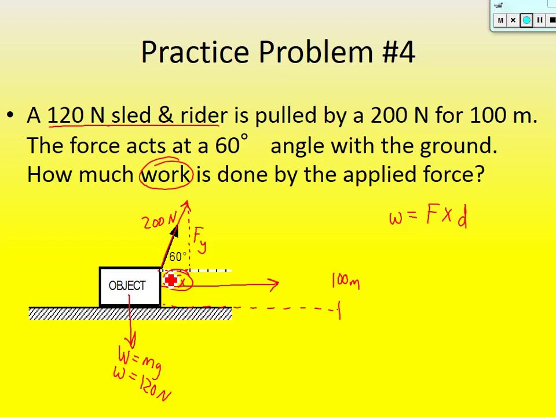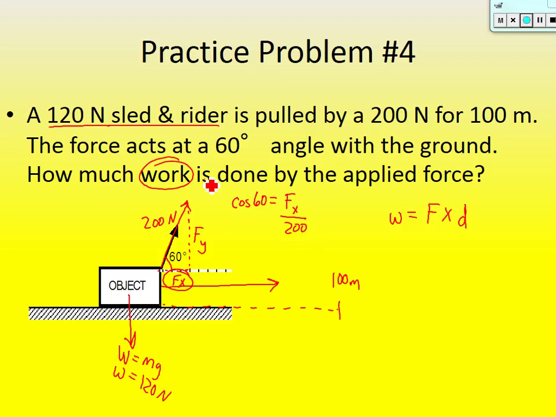So let's use trigonometry to solve for that. If this is my angle right here, 60 degrees, I need the adjacent and I have the hypotenuse. So cosine of 60 degrees is equal to the adjacent side, which is Fx, divided by the hypotenuse, which I do have a magnitude of 200 newtons here.